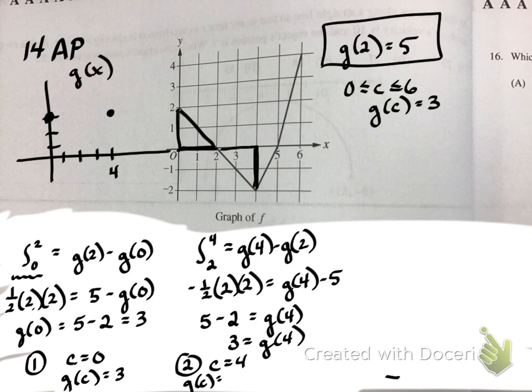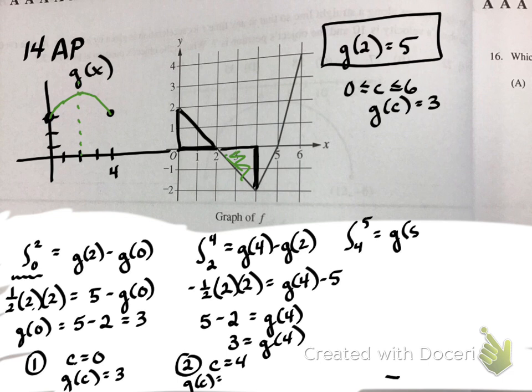So from 0 to 2, we're positive, which means we're increasing till 2. And then from 2 to 4, that's a negative area, so that means we're decreasing, and we know we decrease to 4.